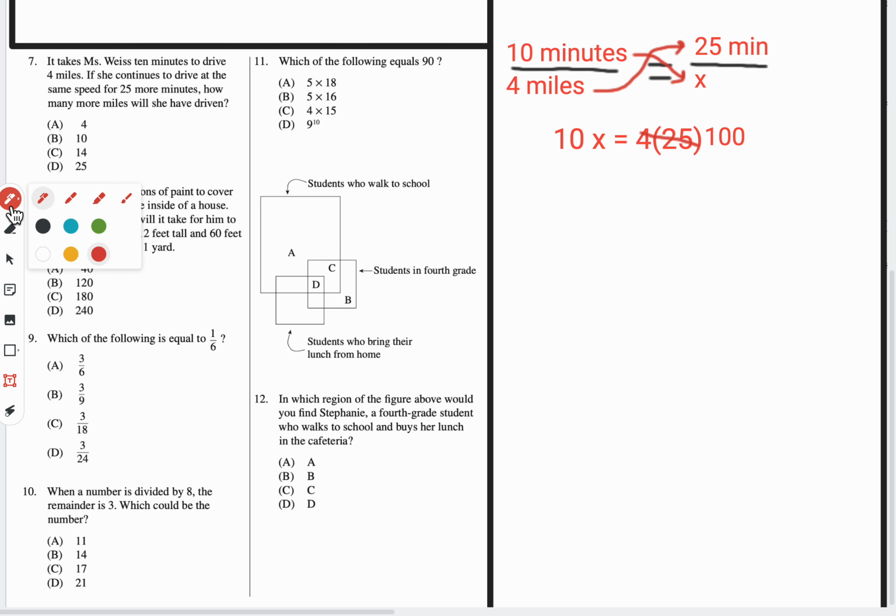Now let's divide both sides of the equation by 10. X equals 10. Or answer choice B. She will drive a further 10 miles.